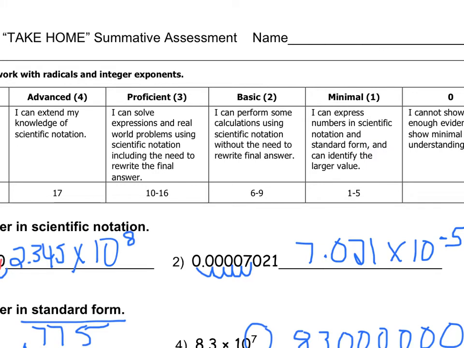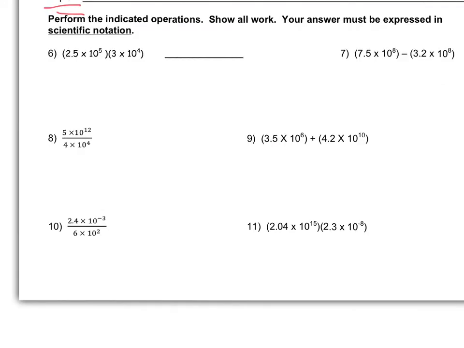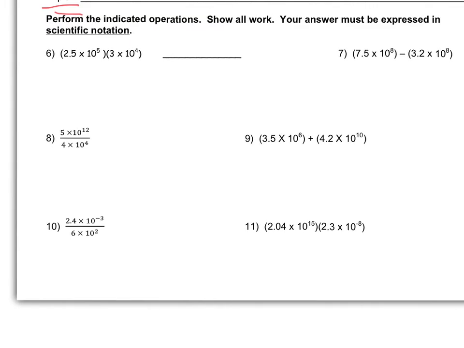All right, 6 through 9 are your basic level questions. I can perform some calculations using scientific notation without the need to rewrite the final answer. 6 through 9. Okay, so with multiplication, remember your first step is to regroup. 2.5 times 3 times 10 to the 5th times 10 to the 4th.